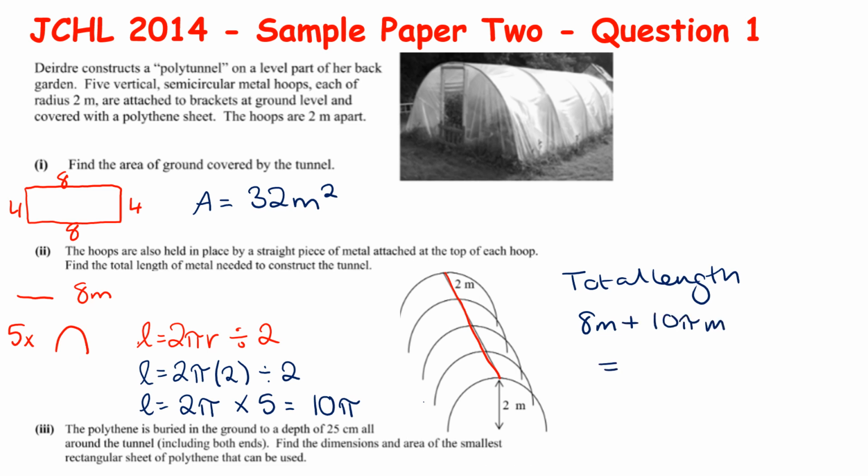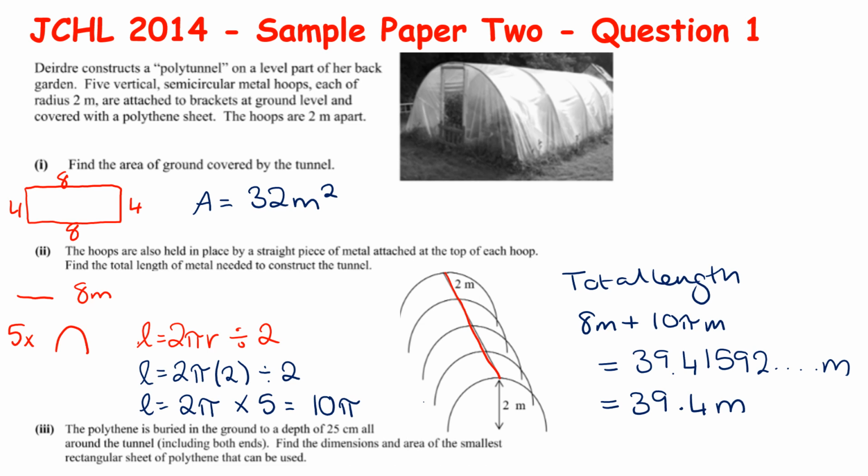So let's add those together. So 8 plus 10 pi, and we get 39.41592... meters. It didn't tell us what to round to because it was a sample paper, so let's just do 1 decimal place, so 39.4.